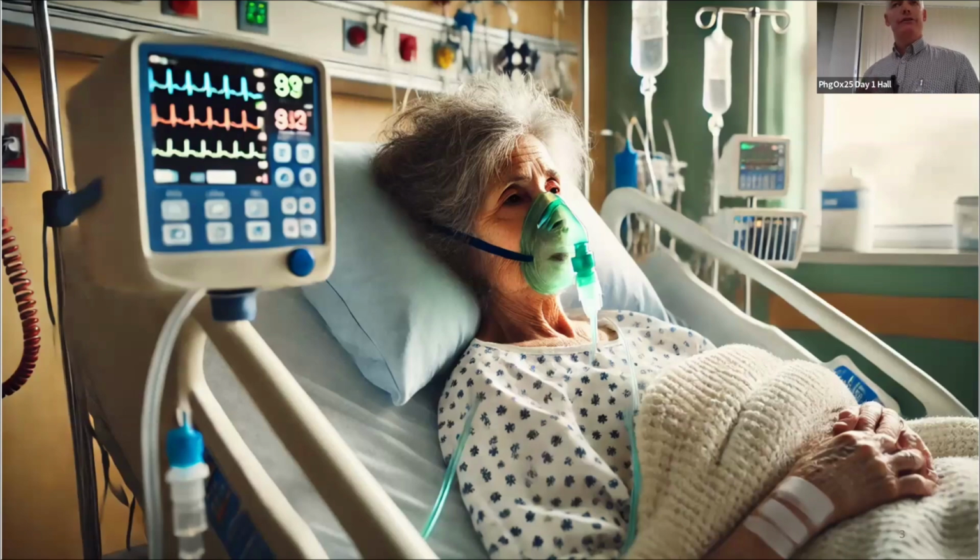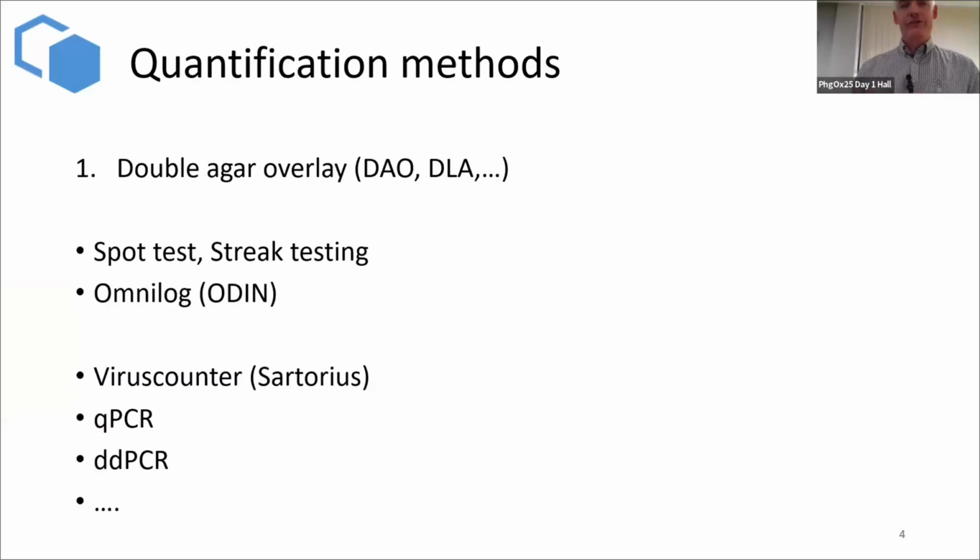And that is why we are now here in a phage therapy meeting. And it's all about phages and the use of phages in therapy. In that endeavor, if you want to do phage therapy, you have to know the quantity of the phages in your sample.